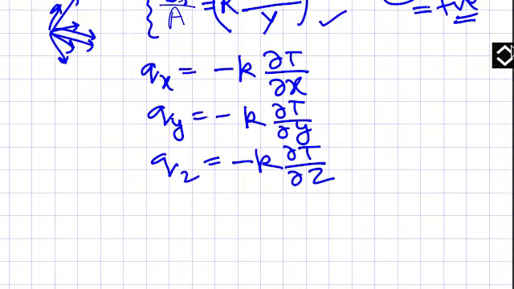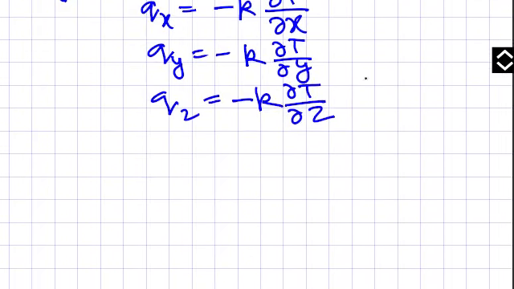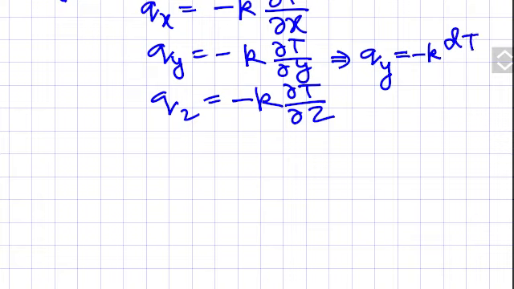And in our case, heat was going only in the y direction, so you can use Fourier's law this way also. Small q is actually heat flux, the total divided by the area, and you can write it this way. You can remove the partial differentiation because you have only one variable.